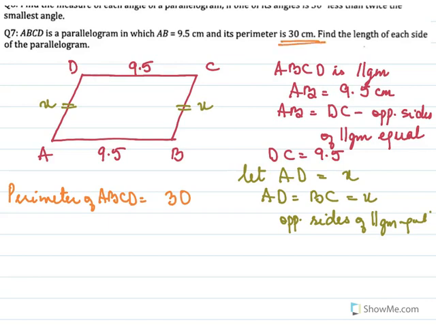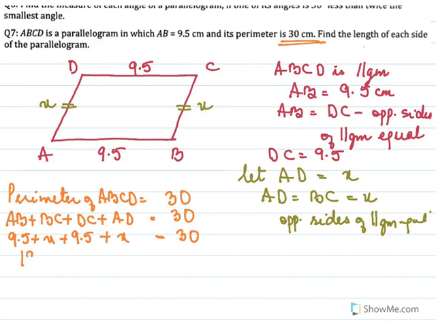They've given 30. But what is the perimeter equal to? AB plus BC plus DC plus AD equal to 30. So that is 9.5 plus X, 9.5 plus X equal to 30. So 19 plus 2X equal to 30.